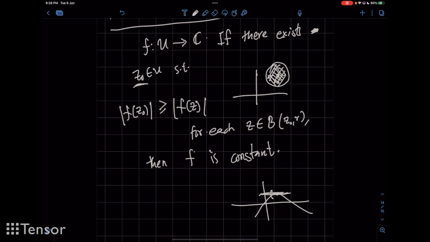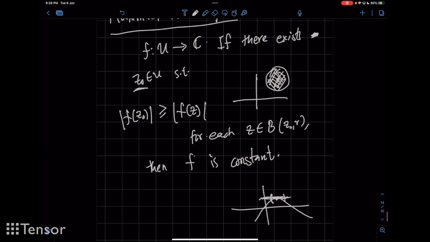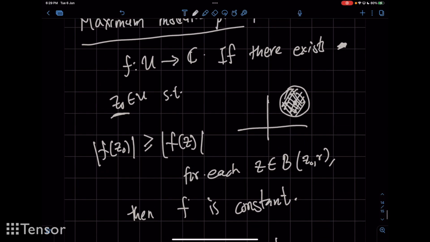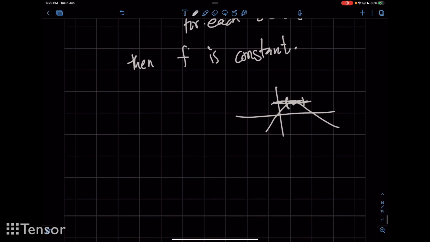So I can form an interval centered at this point. This is pi by 2, right? So the absolute value of f is locally maximum at pi by 2, but nevertheless f is not constant. So this is the maximum modulus principle, and we have another result similar to this one, that is the minimum modulus principle.